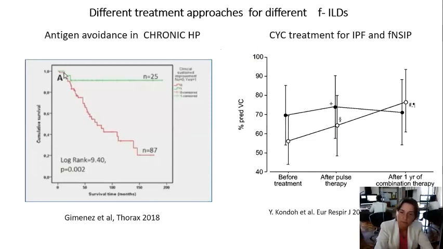First-line treatment for different fibrotic ILDs is divergent. We know that for chronic HP, in a minority of cases, antigen avoidance is sufficient to stabilize the disease.